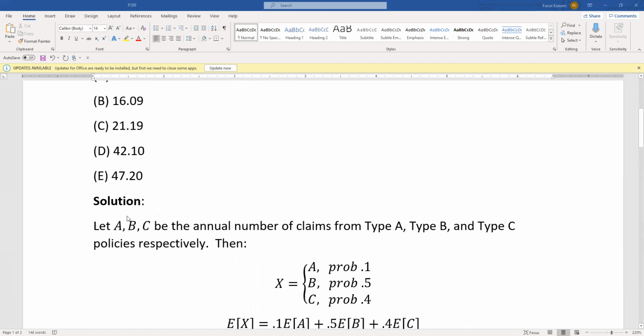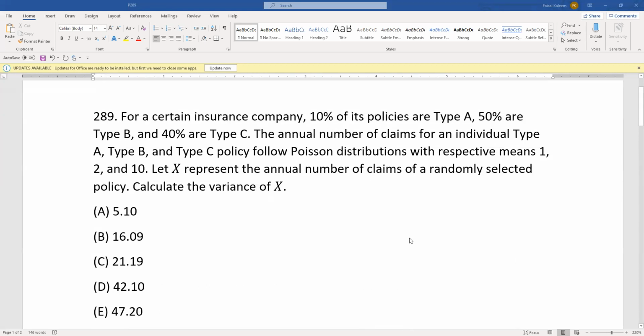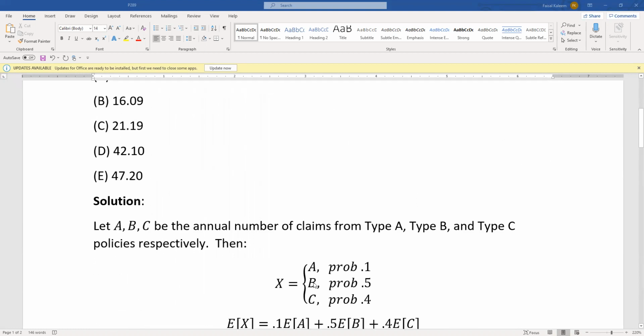If A, B, and C are the annual number of claims for type A, type B, and type C policies respectively, then X could be A, because A is the number of claims from type A, and the probability of that happening is 0.1 because there are 10% policies of type A. Similarly, X could equal B, and the probability of that happening is 0.5 because 50% policies are type B. Or X could be number of claims from policy C. So X could equal C, and probability of that is 0.4.